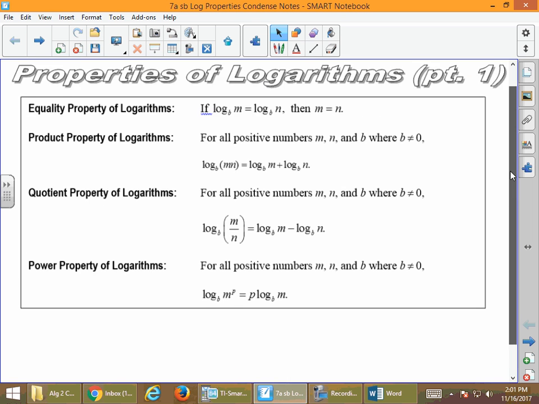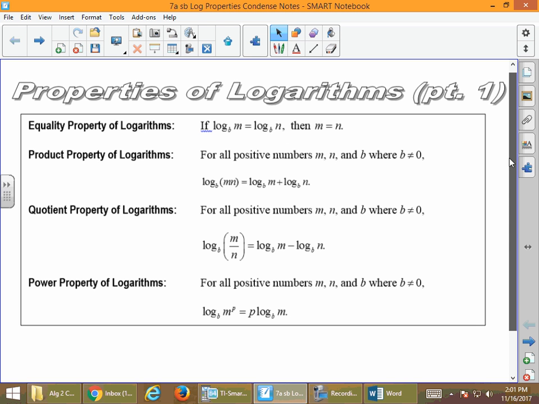The other properties here, the first one, the equality property of logarithms, says if log base b of m equals log base b of n, then m equals n. Essentially what that's saying is we've got like bases. This is log base b on the left side, and we have log base b on the right side.